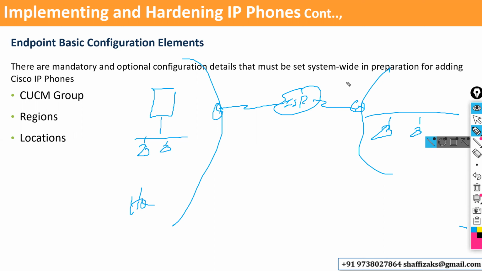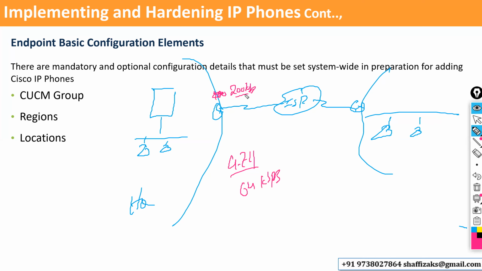For example, to make one single call I'm taking only the G.711 codec. How much bandwidth does one call require? 64 kbps. So I configure, not 100, let's say 200 kbps.